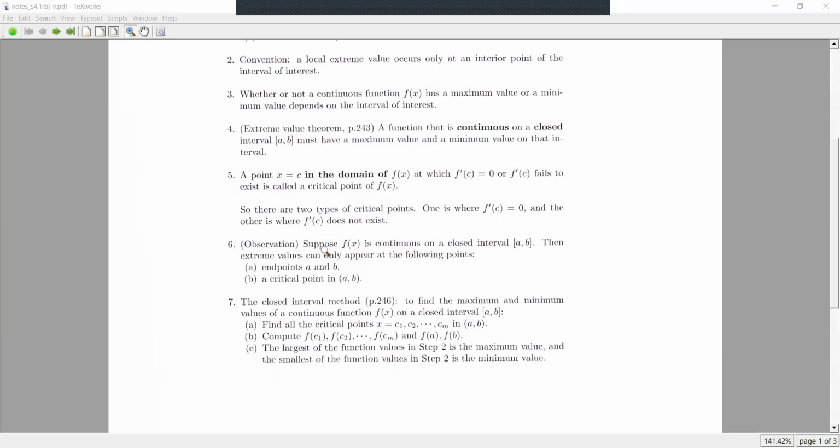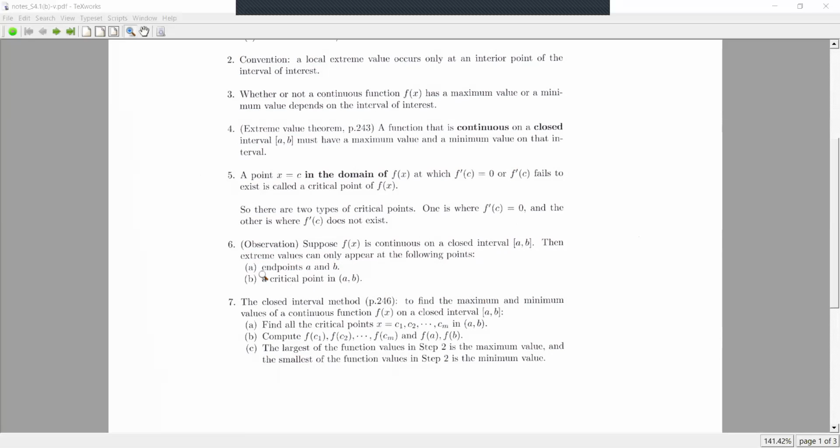If you draw a continuous curve over some closed interval, then you will see that the maximum value and minimum value can only appear at the following points. They cannot appear at other points.